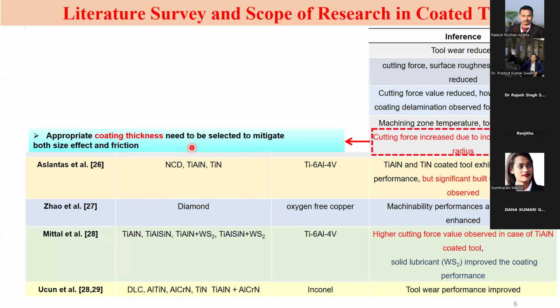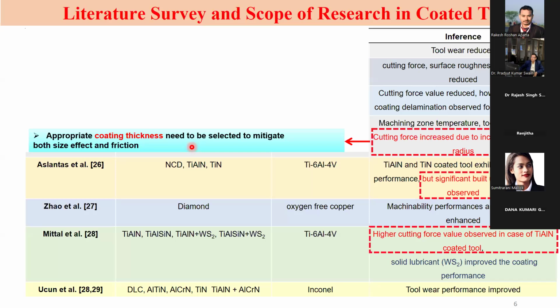Then another researcher used three types of coating: nanocrystalline diamond, TiC and TiN. They saw that for the TiC and TiN on titanium grade 5, significant built-up edge formation was observed. Generally, people report that by using a good coating, you can enhance the process. But here the process is not enhancing; it is diminishing the performance of the process.